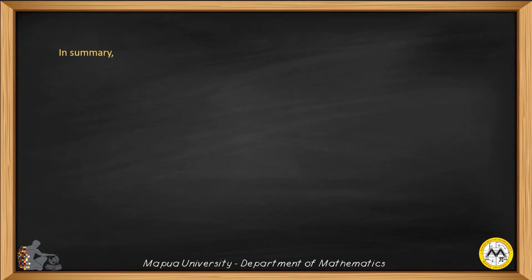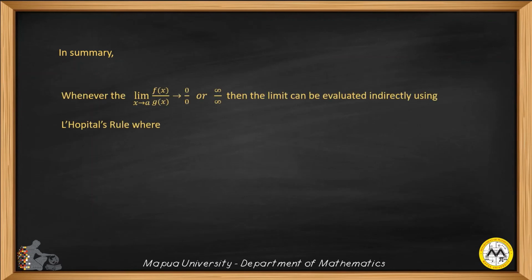In summary, whenever the limit of f of x divided by g of x as x approaches a would result to an indeterminate form either of the 0 divided by 0 or the infinity over infinity form, then the limit of this expression can be evaluated indirectly using L'Hopital's rule, where the limit of f of x divided by g of x as x approaches a would be equal to the limit of f prime of x divided by g prime of x as x approaches a, whenever this limit exists.